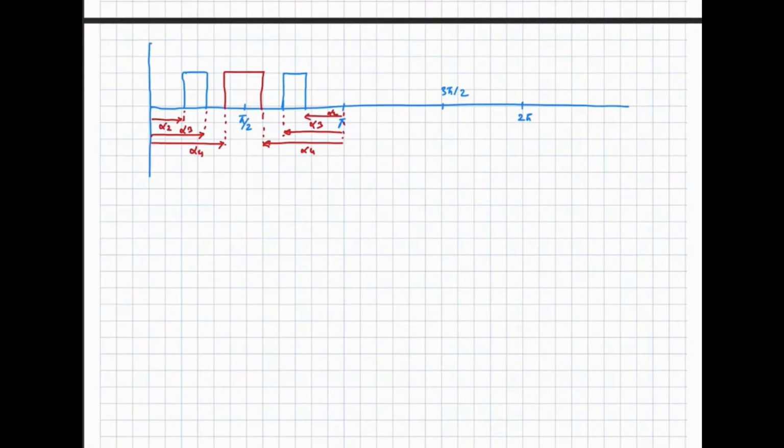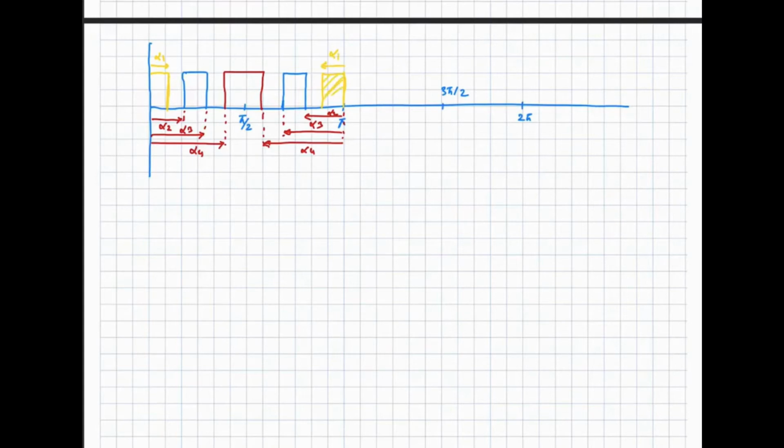And now if I draw the last edge, let's suppose this one, the same I will have to draw over here to keep the symmetry. So let's suppose that this angle is alpha 1 and this angle is alpha 1, right?